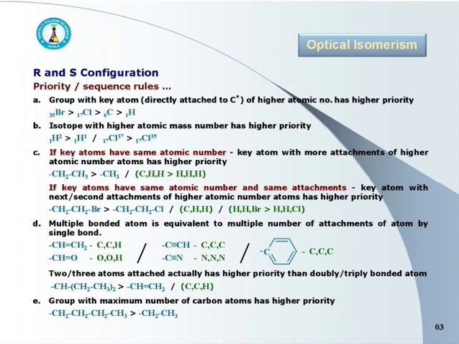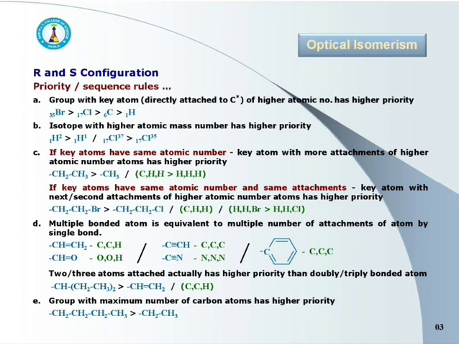The first priority rule, or the first sequence rule, is that the group containing the key atom of higher atomic number has higher priority. Here key atom means the atom which is directly attached to the asymmetric carbon, that is C star.